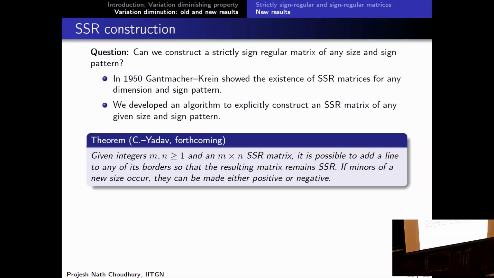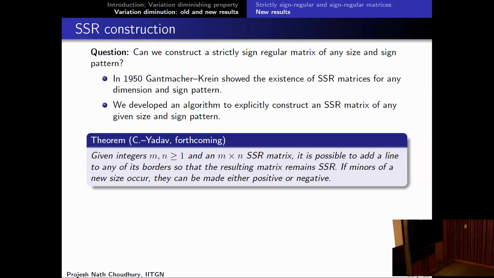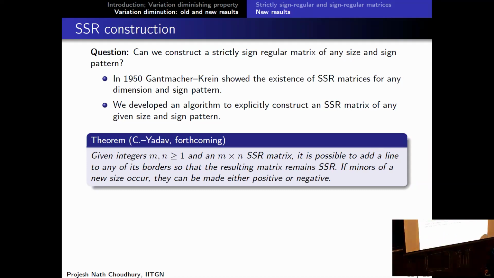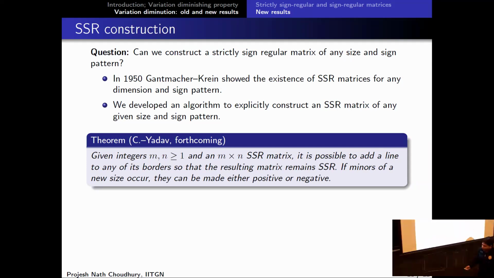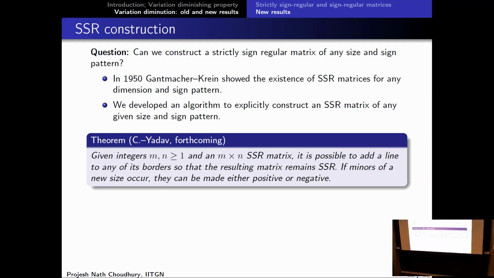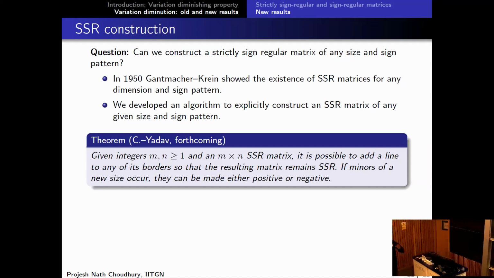Now, if we add another column, that means minors of new size also occur here, 3x3. We are able to show that whatever sign you want for the 3x3 minors, we can add such a column in such a way that all the 3x3 minors are of that particular sign. So if you want it to be positive, then we can add a column so that it will be.